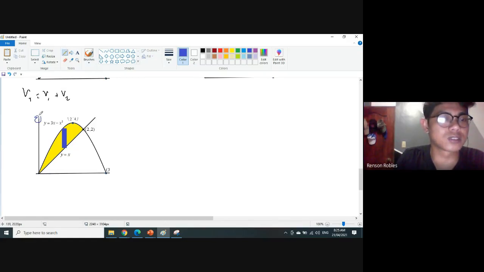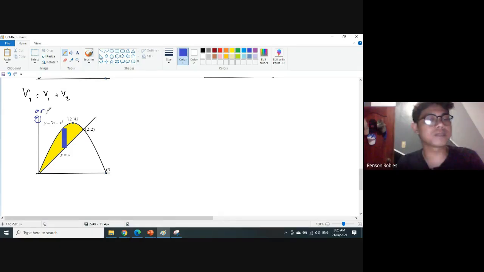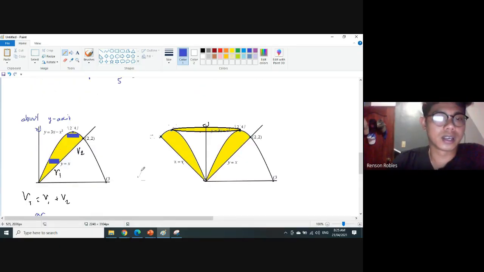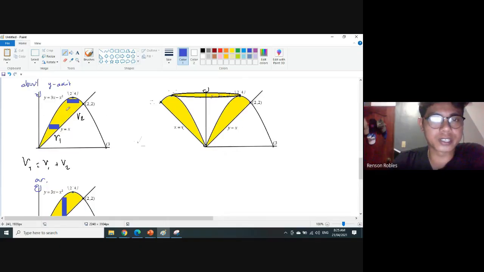Because this is the axis of revolution. Okay? So, ibig sabihin, taking this into consideration, the same problem, and we revolve it over the y-axis. So, we generated the solid.